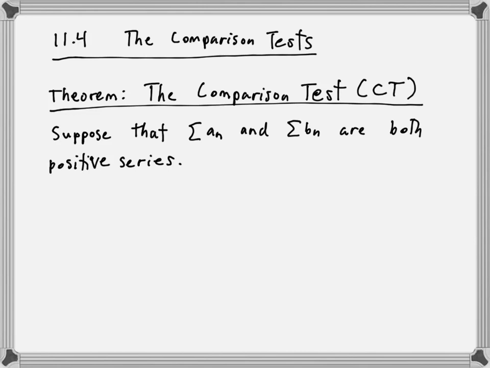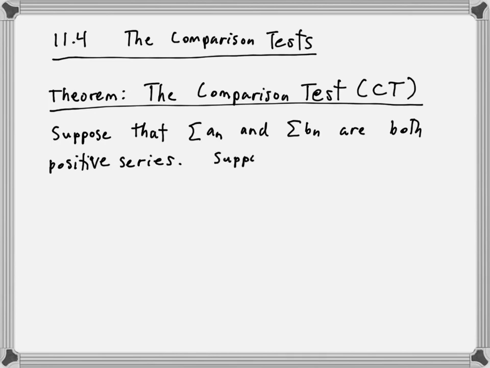I did not put n equals 1 to infinity on these series, just assume that it's there. I'm just trying to save on writing here. They're both positive series. That means that every term is positive.